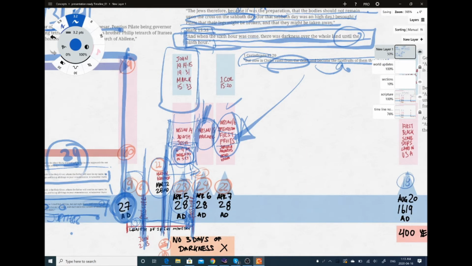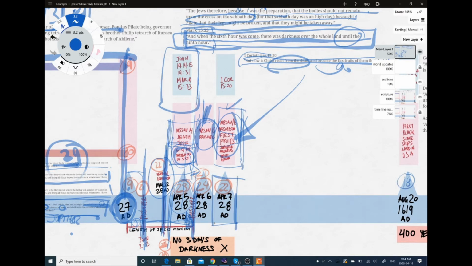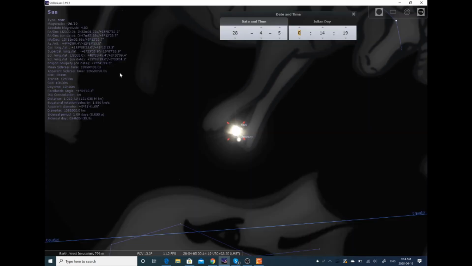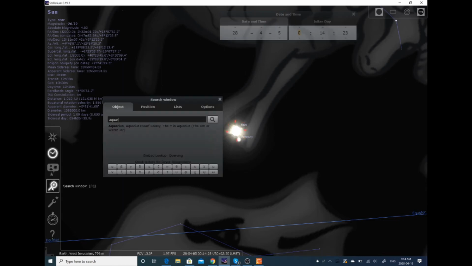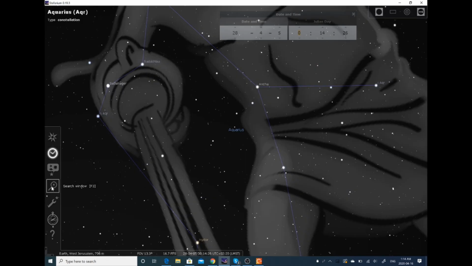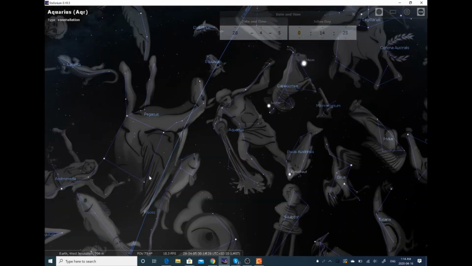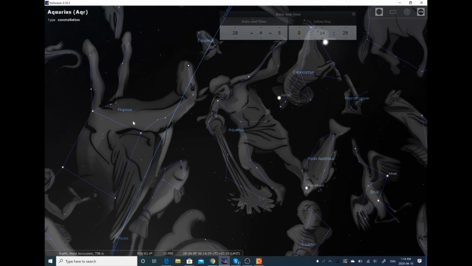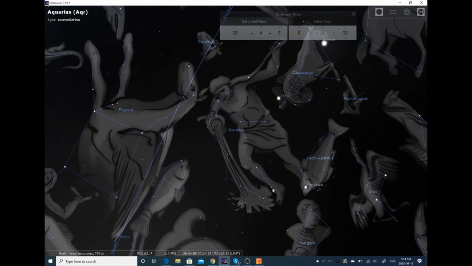And what happens to the stars on resurrection, April 6? Well, let's take a look. Aquarius is crossing into Jupiter, as we see.